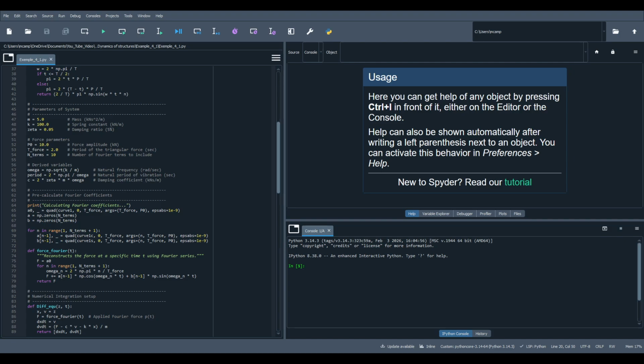Then A and B are initialized as empty arrays of size 10 to store the An and Bn coefficients.